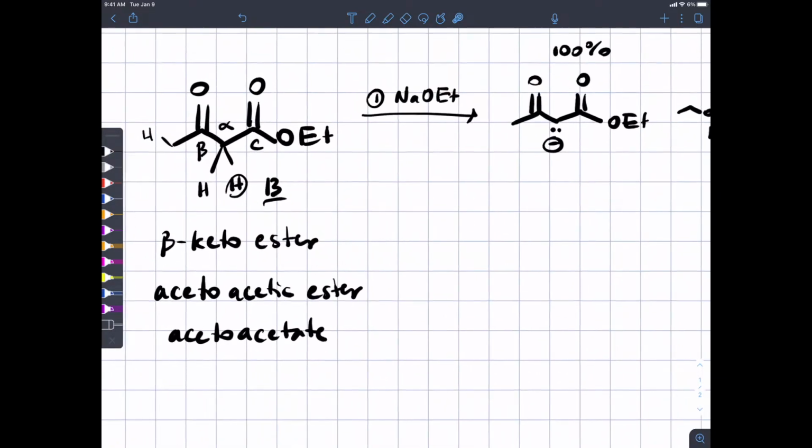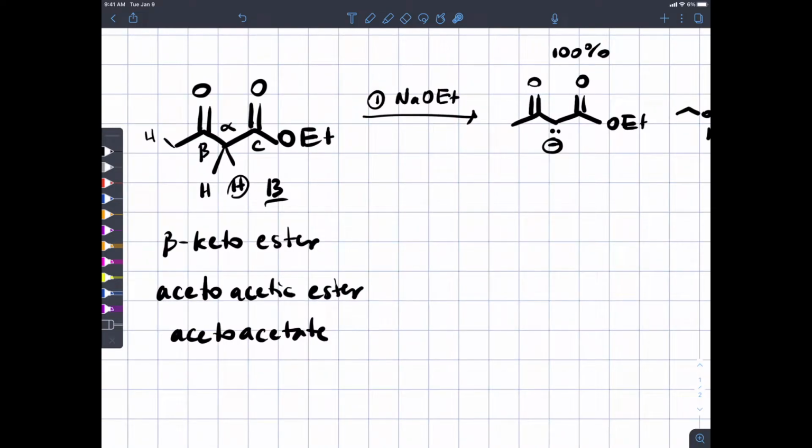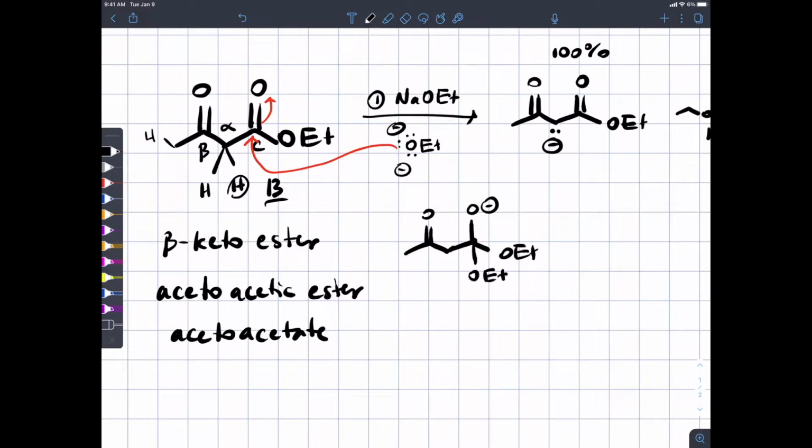Something that somebody brought up during the first hour was, well, can't the ethoxide base act as a nucleophile to attack the carbonyl carbon? Isn't a negatively charged oxygen strong enough to attack to give you a tetrahedral intermediate? And I say, sure, that happens, but who cares? Because as soon as you get there, notice you have two of the same thing. It doesn't matter which one gets kicked off.